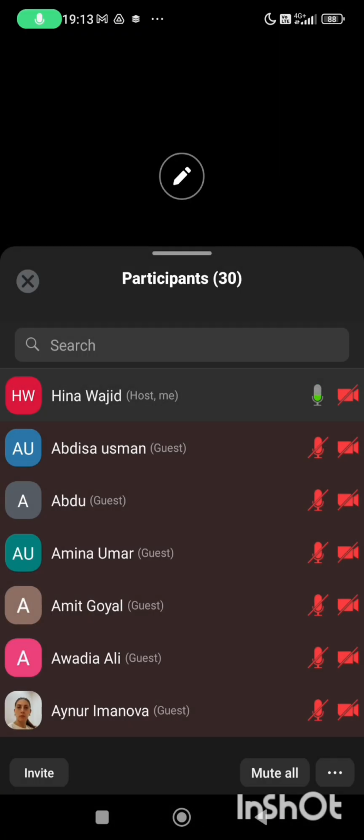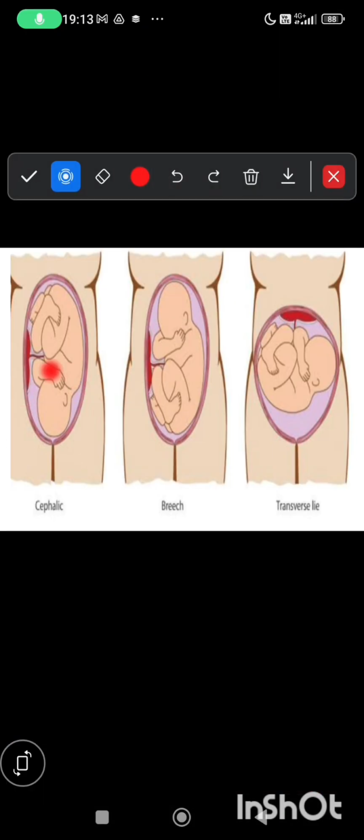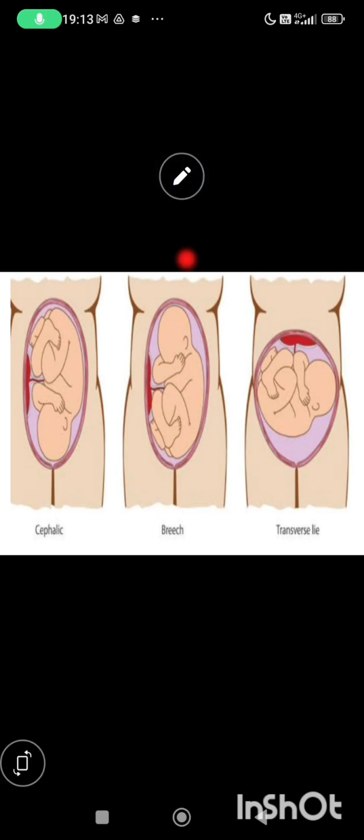Cephalic means head is down. Breech, head is upward toward the abdomen and the presenting part could be buttocks or feet. There are further subtypes in breech presentation on the basis of presenting part.